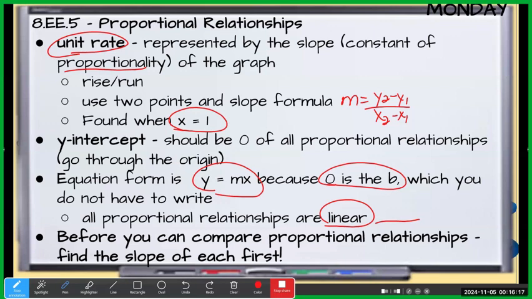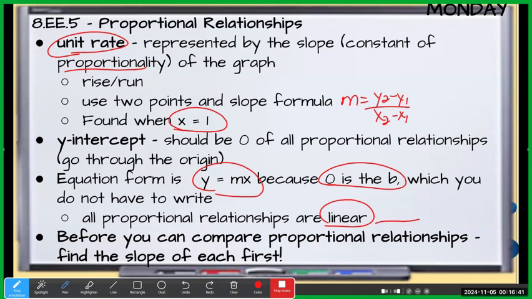And the last thing it told us is before you can compare, they're gonna give it to you in different forms. What are the ways they may give you information about slope? A graph, a word problem, a word description.